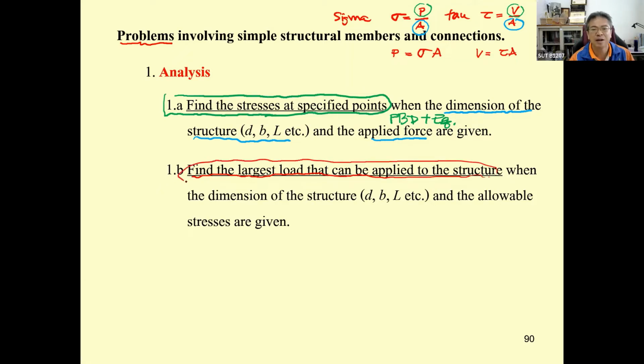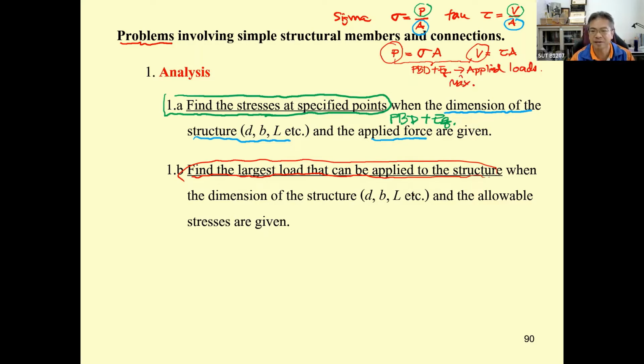It means you are going to determine the force P and the force V, and for these you use the free body diagram and the equation of equilibrium to determine the applied loads. That is usually the maximum applied load.